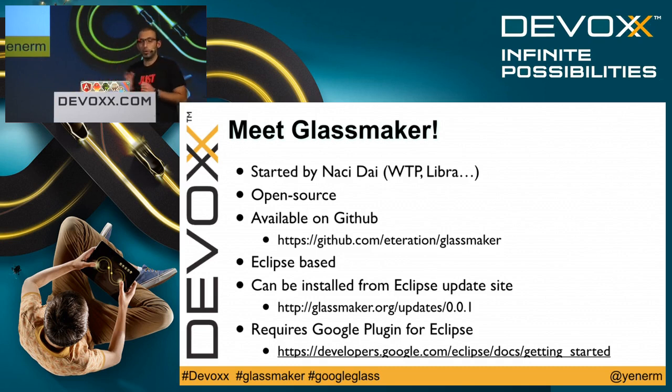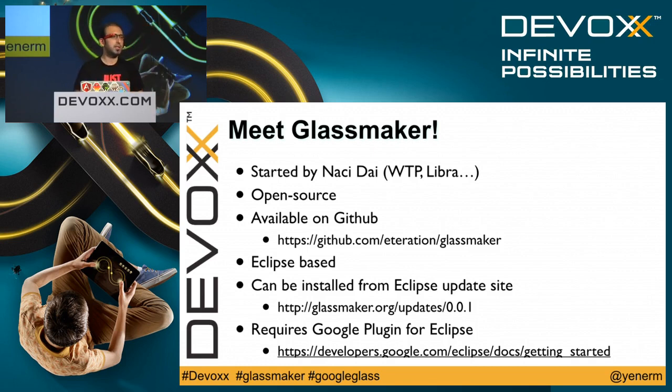So we have a tool for you if you're interested in building web apps for Glass. It was started by a previous colleague of mine, Naji Dai, who is also responsible for the WebTools platform and Libra, which we used to work on. It's an open source project on GitHub, so you can just download it or contribute to it.